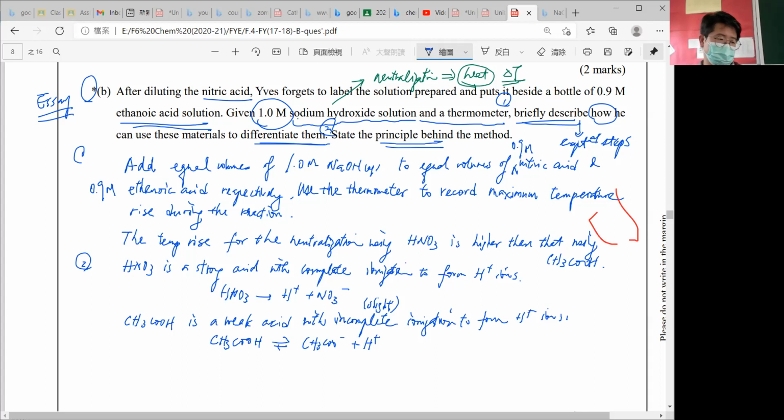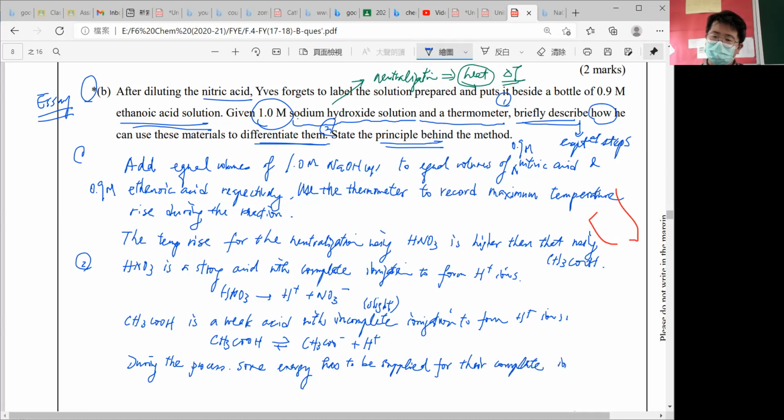And what's next? You are going to tell me the relationship with delta T by telling that some energy has to be supplied for the complete ionization.